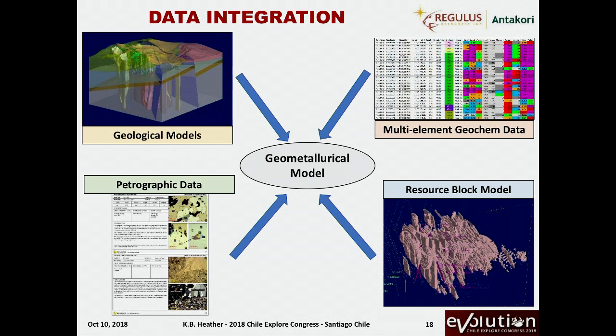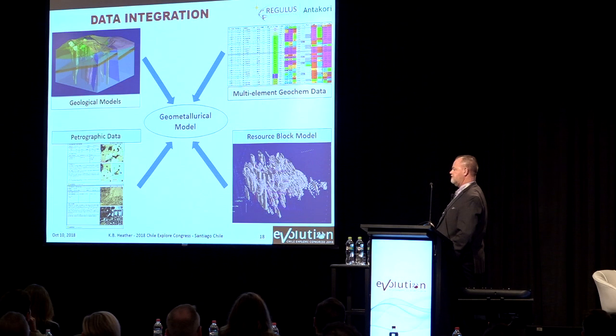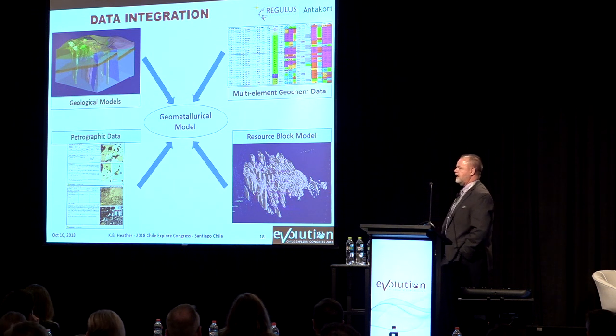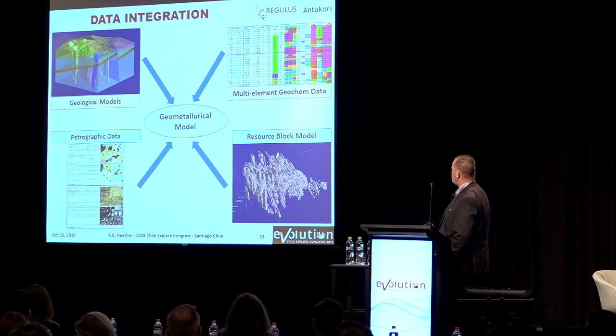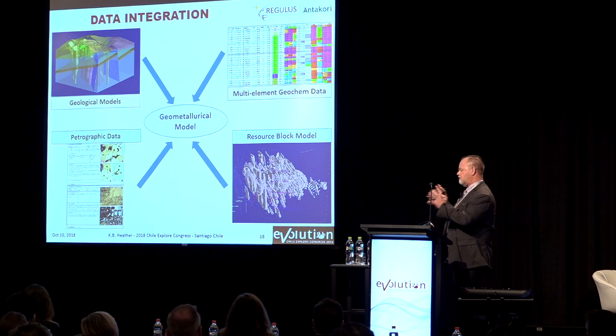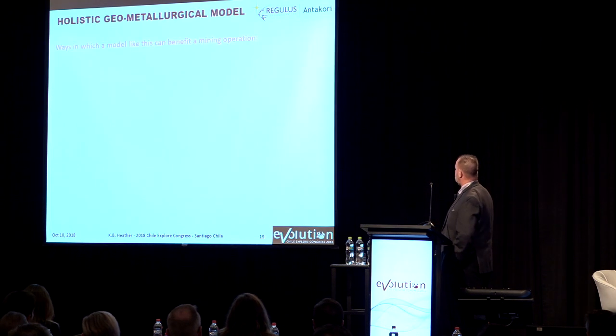We are producing somewhere in the neighborhood of probably close to 20 or 25 different models that will be incorporated into this, ranging from obviously lithology and alterations, but also different elements, our multi-element geochemical data, all of our petrographic data, our resource model, and everything will go into this. Our core scan data is a big part of this as well, where we can plug the core scan data in and basically characterize each block in our block model.